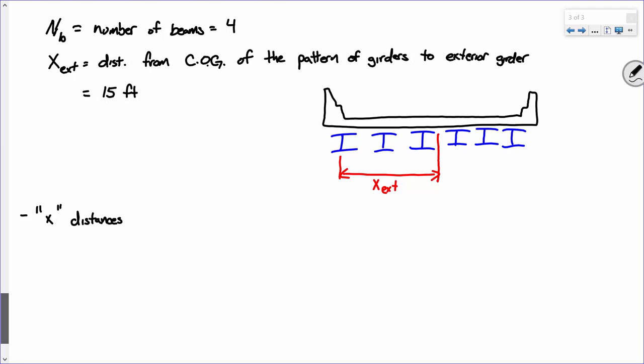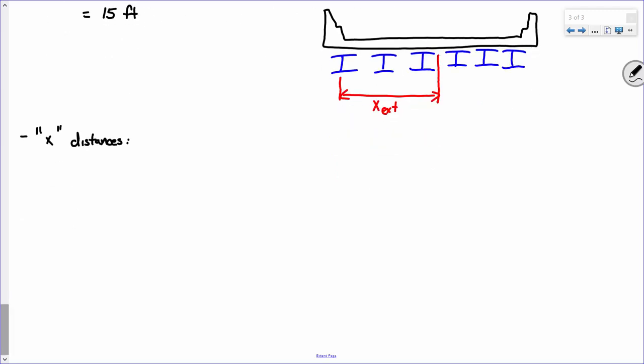So here's how this is going to work. How many girders do I have? 4? Okay, so let's draw a little table. Girder, we're going to say 1, 2, 3, 4.